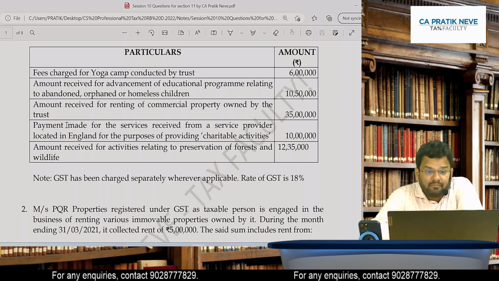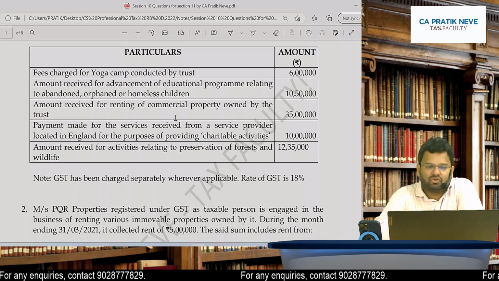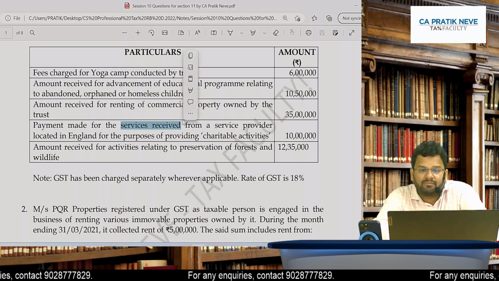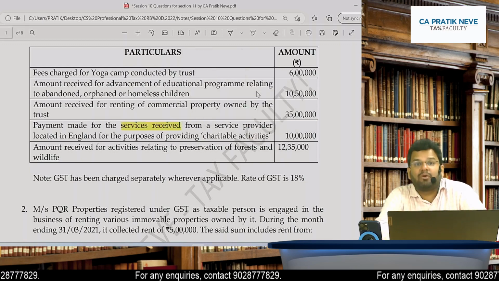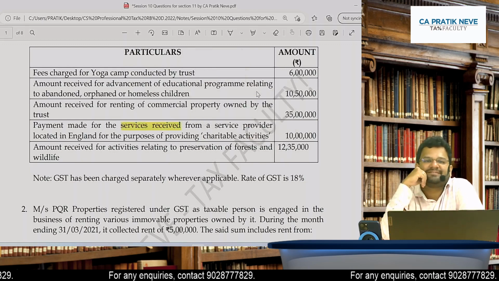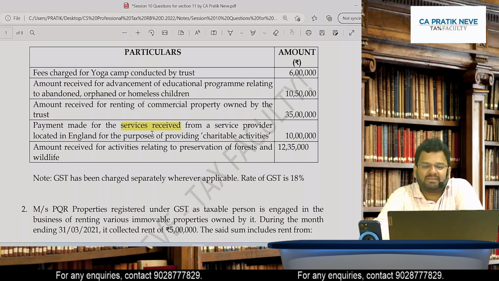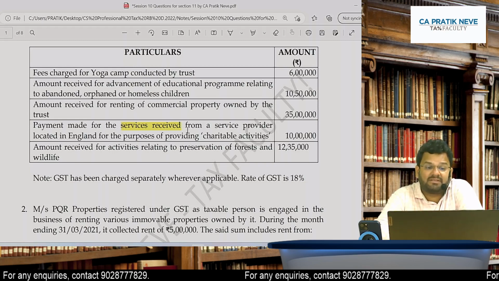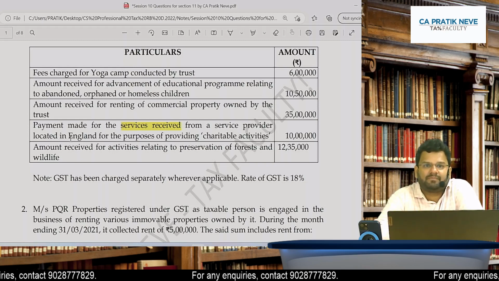Then payment made for services received. So here when we talk about services received, we are talking about an inward supply and not outward supply. This usually falls under the reverse charge mechanism because it is an import of service.